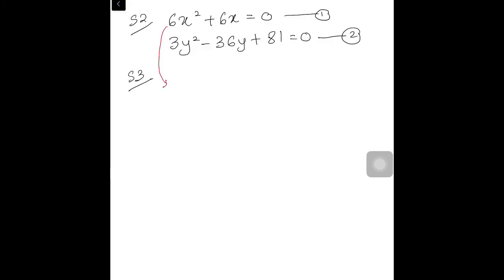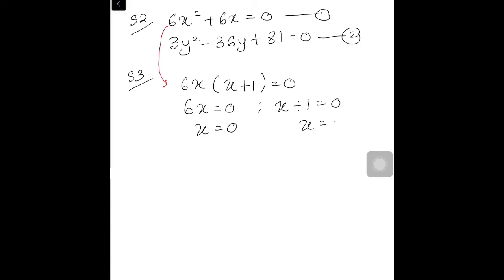We can see that in equation 1, we only have one variable, x. So we have to solve this one first. We factorize 6x squared plus 6x equal to 0. We get 6x(x plus 1). And then 6x equal to 0, and we have x plus 1 equal to 0.